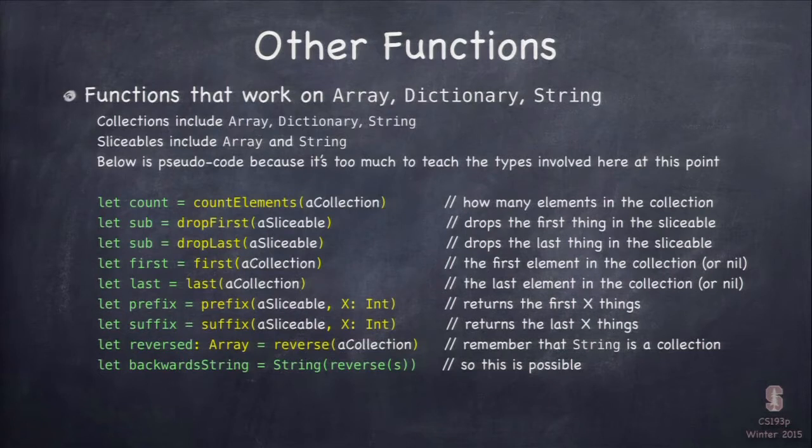But you can look through this list, kind of interesting things. I can combine it with the thing I was talking about at the end there, with the string, passing an array of characters. I can actually take a string, call reverse, which returns an array of the characters reversed, and then call String to push it back and create a string again.